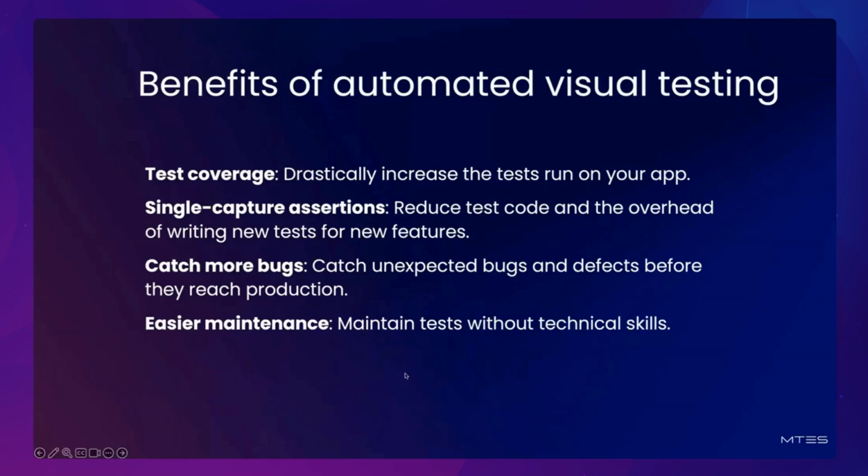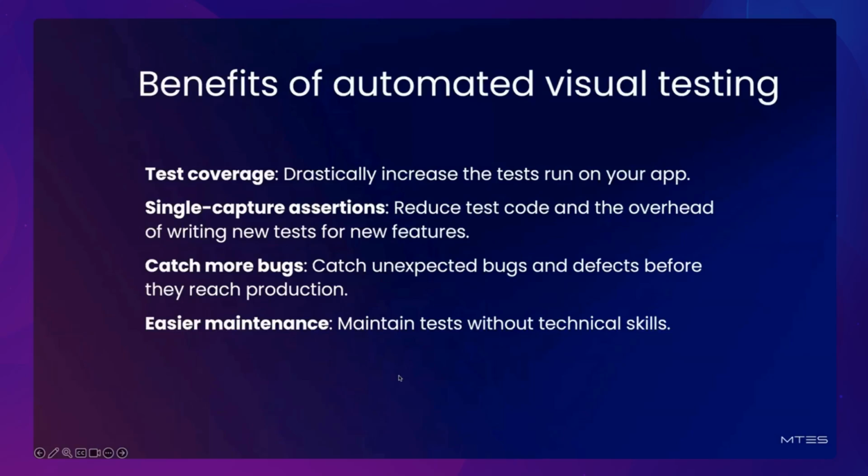We also find that the number of assertions that you need to write is much less because we can use a single capture assertion to cover both functional and visual aspects of the screen, which ultimately reduces test code and the overhead of writing new tests to cover new features within the application. It also reduces the amount of test code that you have to maintain for that test moving forward.